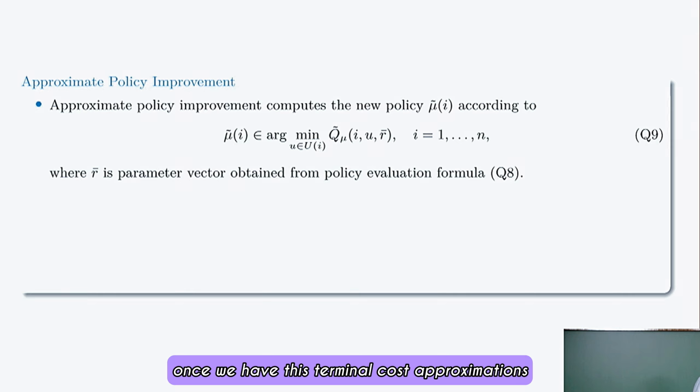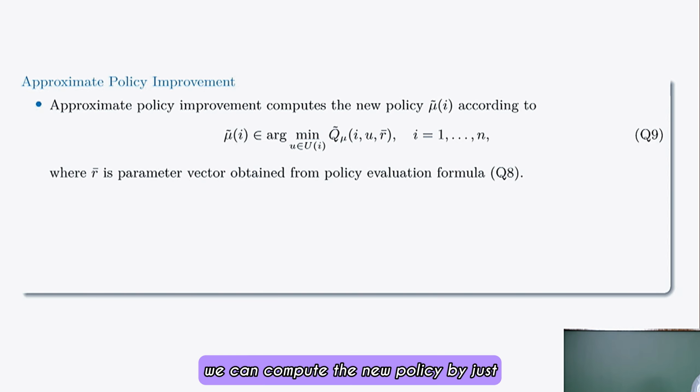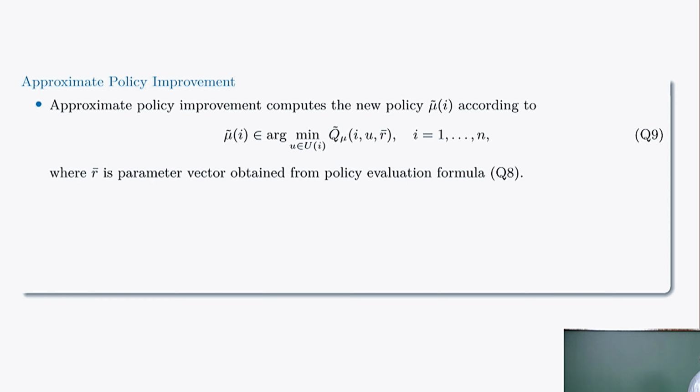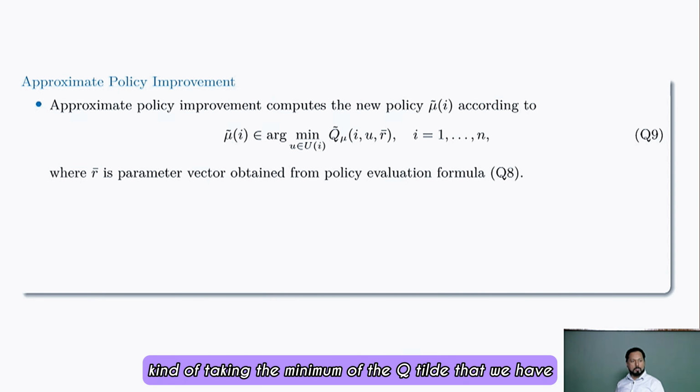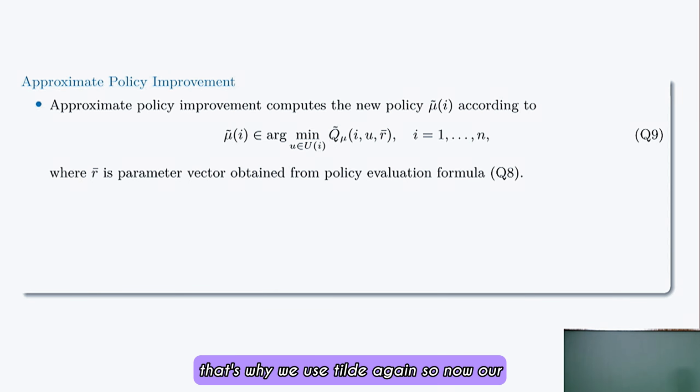Once we have these terminal cost approximations, we can compute the new policy by taking the minimum of the q tilde that we have, which is the parametric one. Given a current stage i, now it is an approximate policy, so that's why we use tilde again.